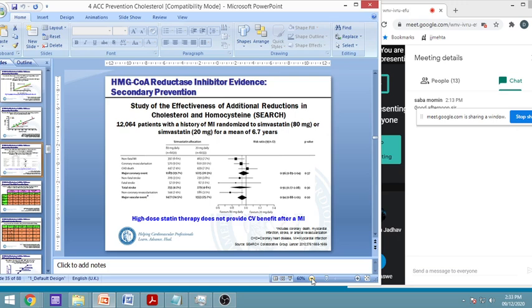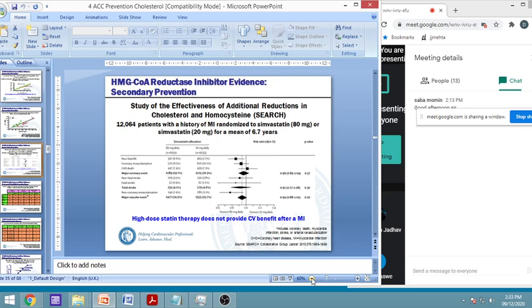Then various HMG-CoA reductase inhibitor evidence showing secondary prevention, that is, where there was already an attack, either angina or an ischemic attack, and then if we give it, what will happen.